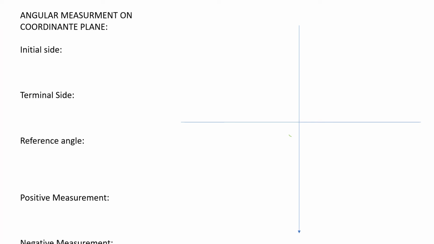Angular measurement on the coordinate plane. That's where we're going to put angles on the coordinate plane and talk about what they measure. I called it circular measurement at the beginning because you kind of go around in a circle, but the better name would be angular measurement. So what this means is we're going to put angles on just a regular XY axis.